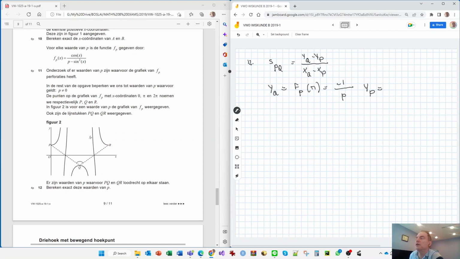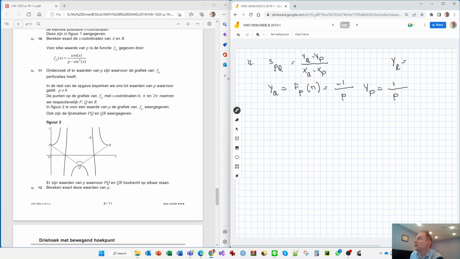And yP equals cosine of 0, which is 1. The sine of 0 is 0. And let's actually, since I'm on it, also calculate yR. That's at 2 pi.